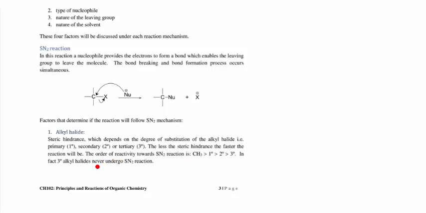SN2 never undergoes a tertiary alkyl halide. Tertiary alkyl halides are those halides which will not have any hydrogens attached to the alpha carbon. Therefore, its steric hindrance will be a lot higher and it will not undergo SN2 reaction at all.